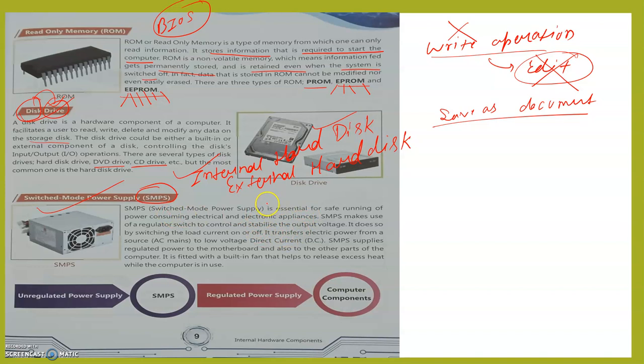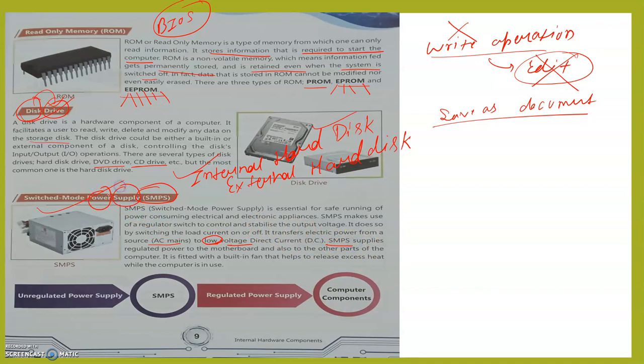It converts the power coming from the AC mains into the low voltage that our computer system can bear, and transfers this kind of voltage to the other internal hardware components on the motherboard. SMPS is basically switched mode power supply.